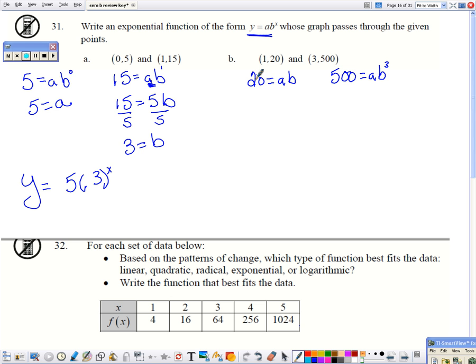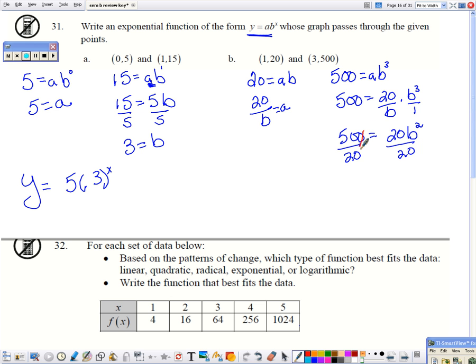I want to solve this first equation for a so I can substitute it in here. So 20 divided by b equals a. I'm going to substitute that into the other equation. I can reduce my b to the third divided by b. We get b squared.